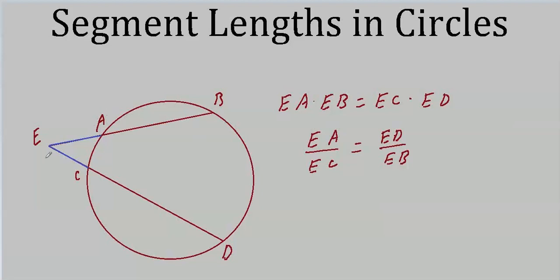Same thing down here, the segment times the whole. So that when you rewrite them into ratios, you get the ratios of these two outside segments is the same as the ratios of the entire segment.